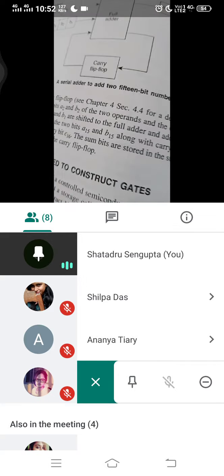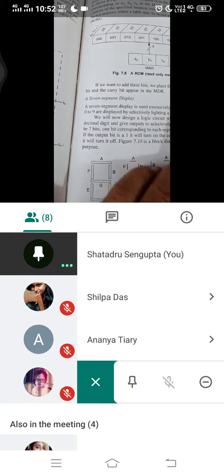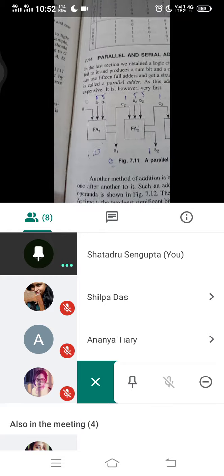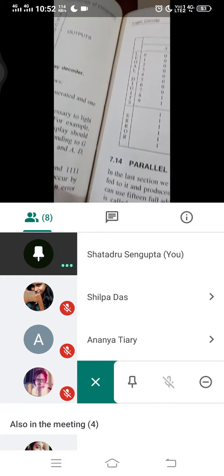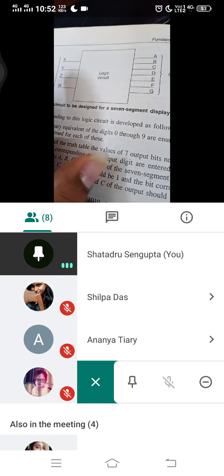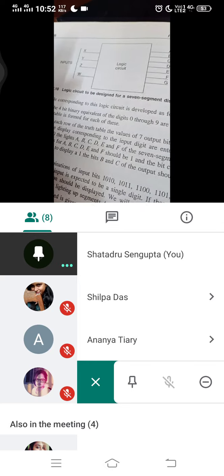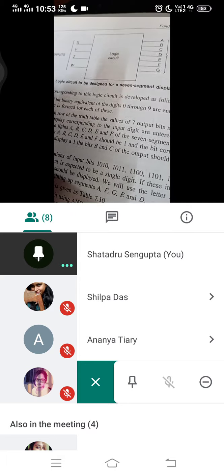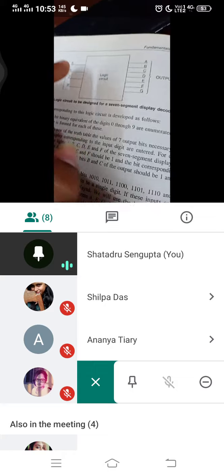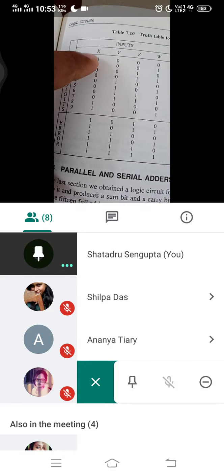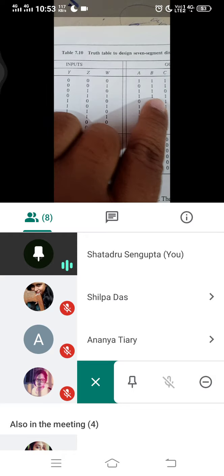Okay. So this is an example of a combinational circuit. Another one that we saw is the 7-segment display. This is the display in which we use a decoder like this. Okay, a 7-segment display decoder, and these are the combinations and these are the outputs.